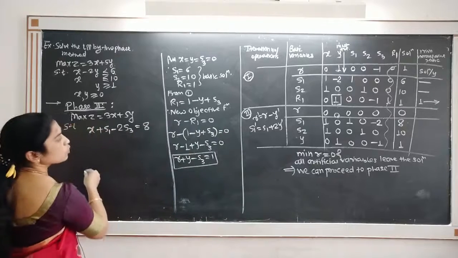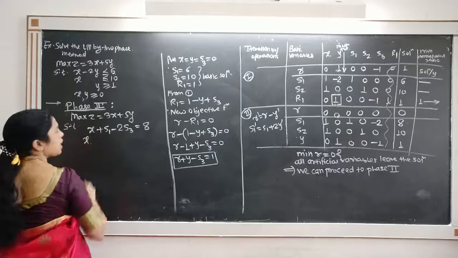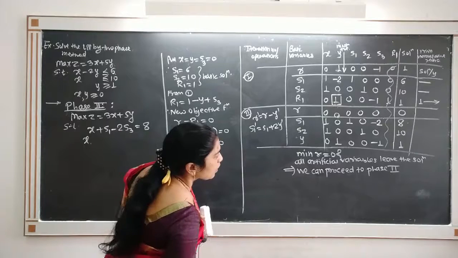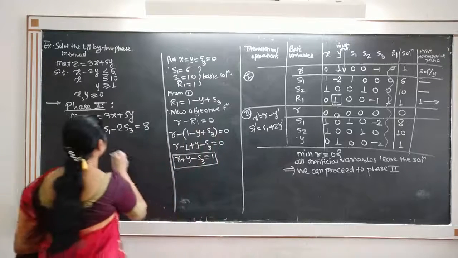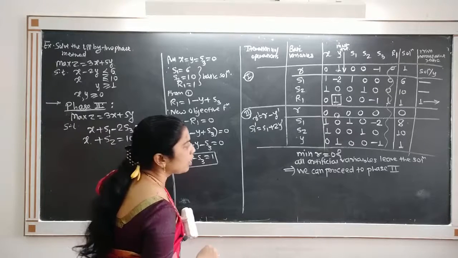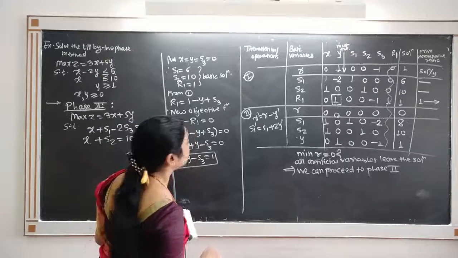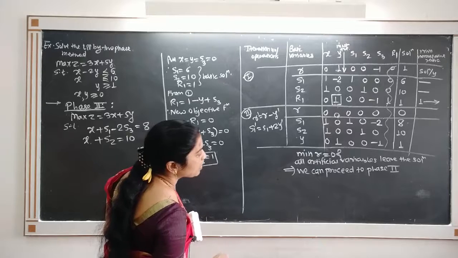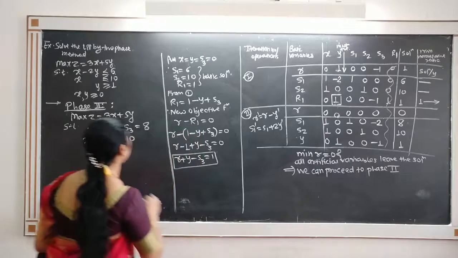The second row gives x plus s2 equal to 10. Third row gives y minus s3 equal to 1.